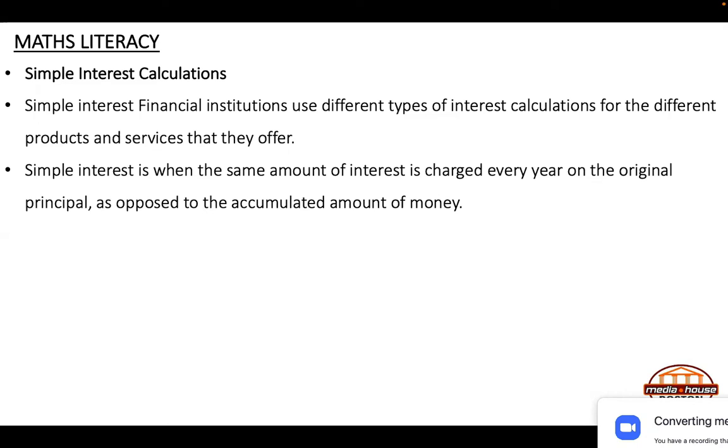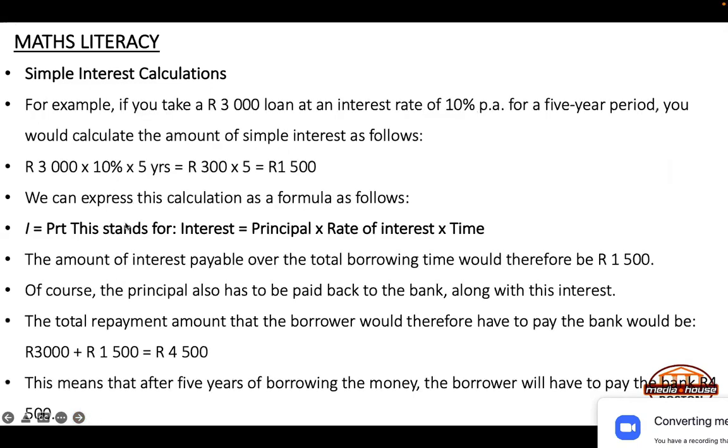So it's going to be like 10% of 3,000 until that amount is paid off. For example, if you take a loan at an interest rate of 10% for a 5-year period, you would calculate the amount of interest as follows. 3,000 times 10% times 5 years, 300 times 5 equals 1,500.